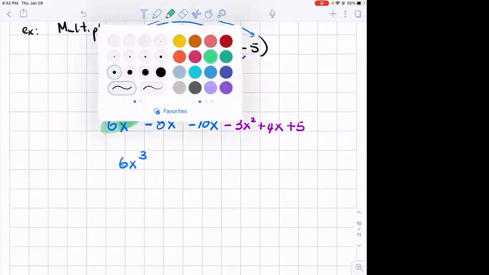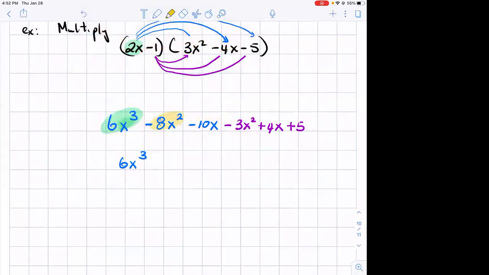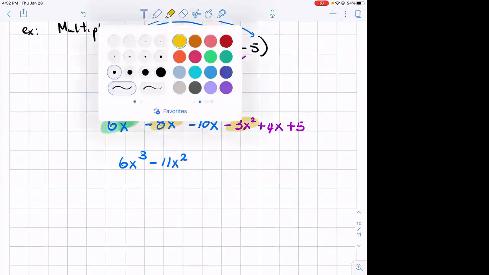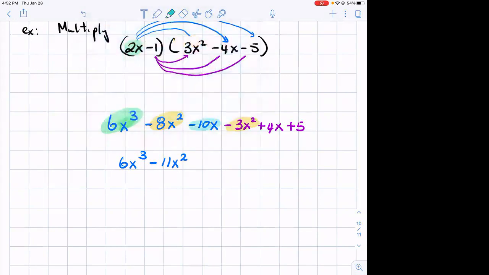Then we move to other terms. Here we have a square term. Any other square terms? Yes, we do. So minus 8 minus 3 becomes minus 11x squared. Then we move down the line again. We have a minus 10x and a plus 4x.